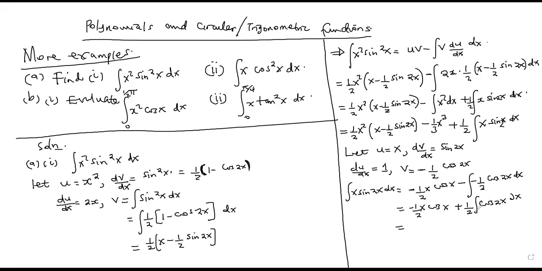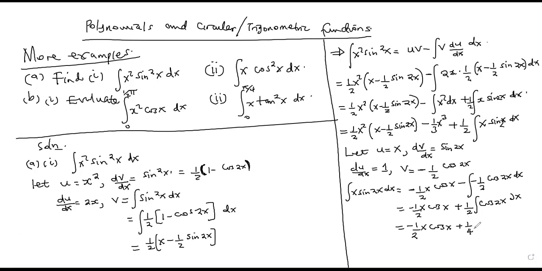That step may not be too necessary, but because I want us to flow together, so it is negative a half x cos 2x. When you integrate cos, you get positive sine, but because of this 2, it will be a half, which multiplies with this and it becomes a quarter.